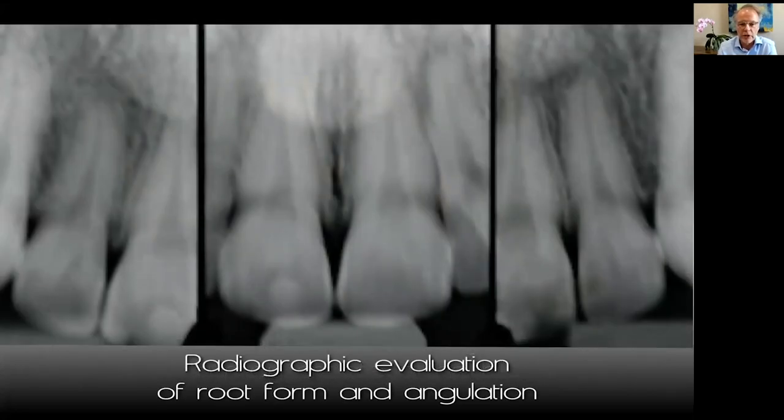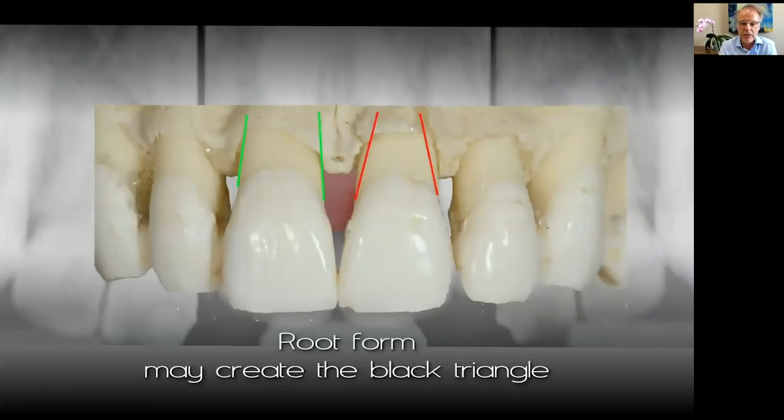So looking at the radiographs, assessing, again, root form and position, contact, and you can see that with root form, you can have a more tapered root form, and that decreases the volume of space between the roots of the teeth supracrestally, and that may therefore allow a more blunted papilla, and that may create a black triangle.